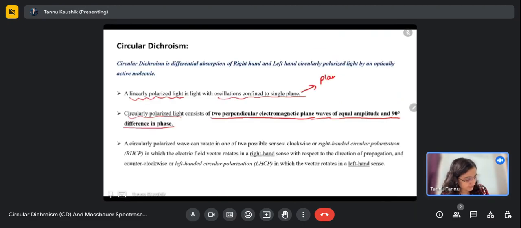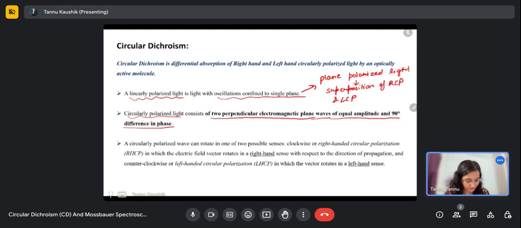Plane polarized light is a superposition of the RCP and LCP.